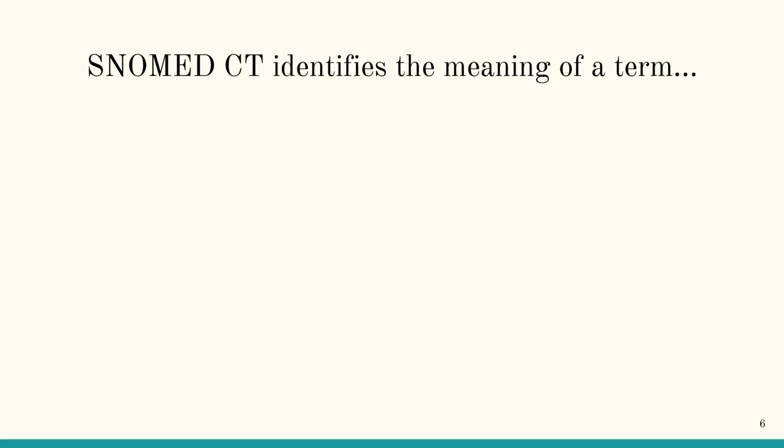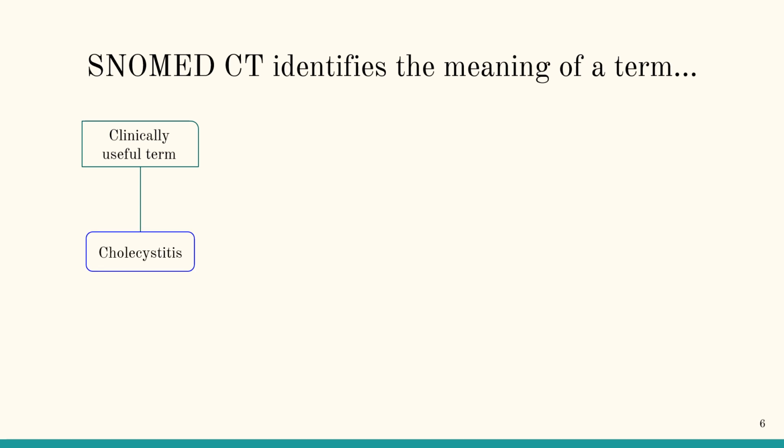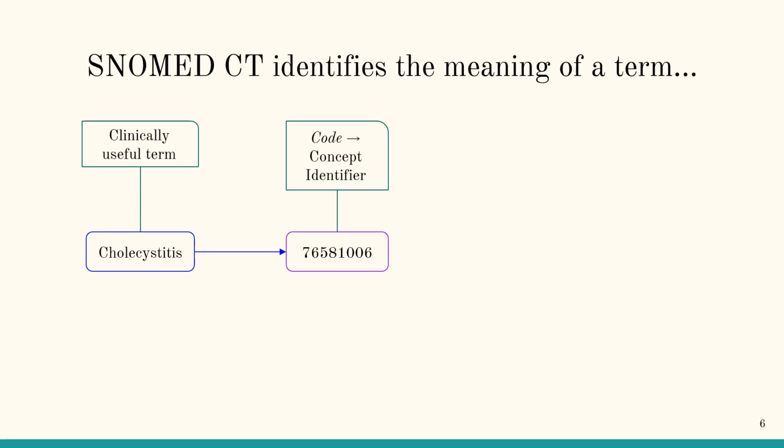A code is a symbolic representation or identifier of discrete information. So let's take a clinically useful term, cholecystitis. In SNOMED, this particular term maps to this particular number, and this is called a code or concept identifier.